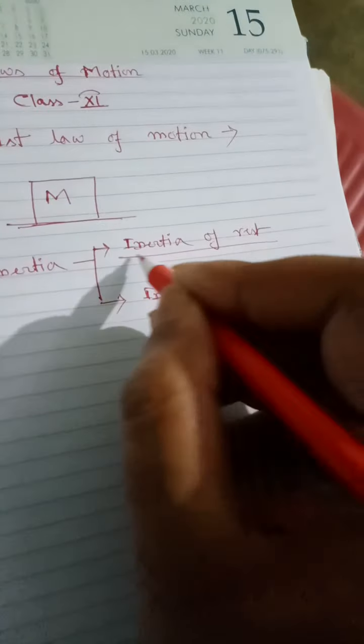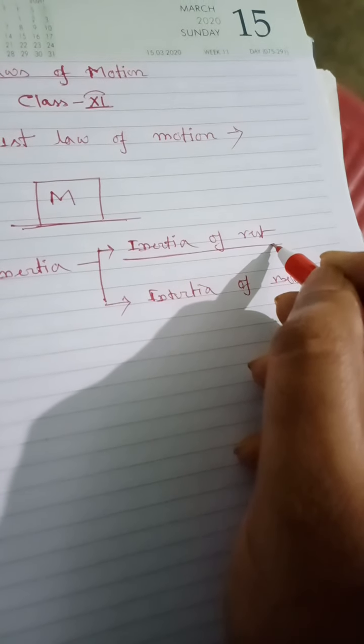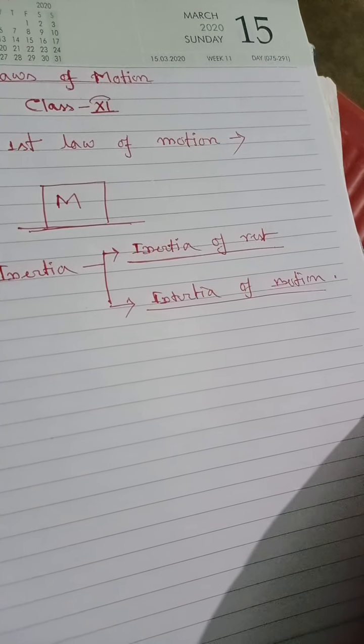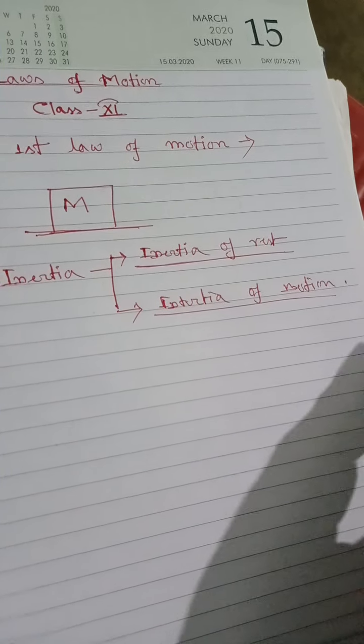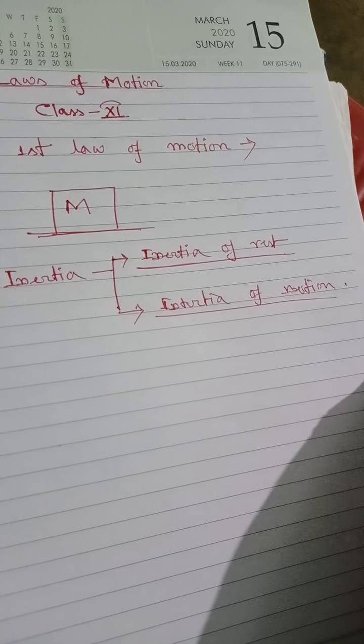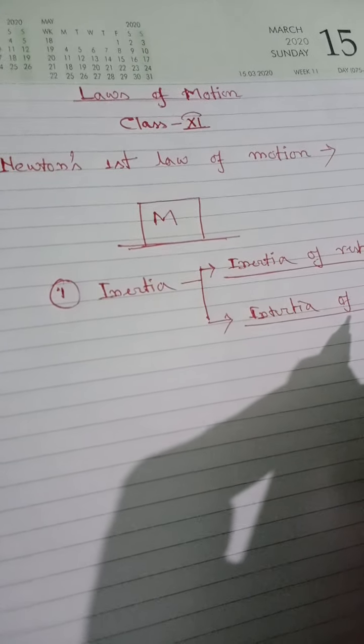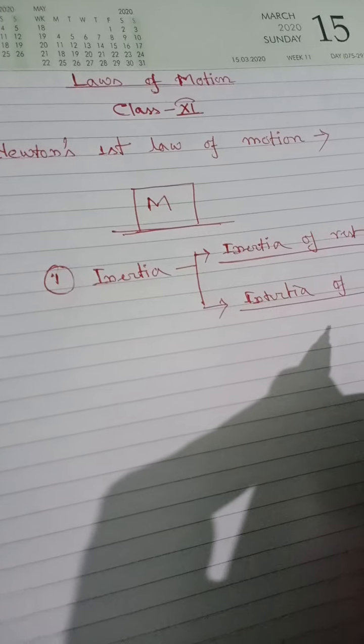Inertia of rest, for this inertia a resting body tries to be at rest, and inertia of motion, for this inertia a body, that means if it is in motion, tries to be in motion. So these are the first things, inertia. We get the idea from Newton's first law of motion.